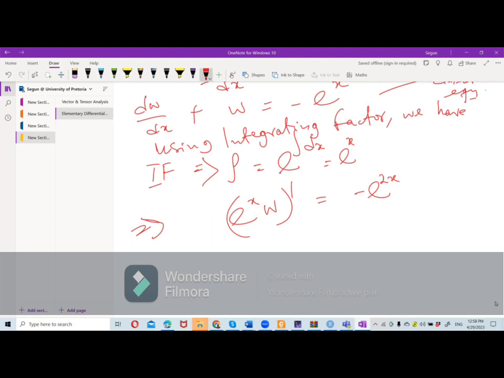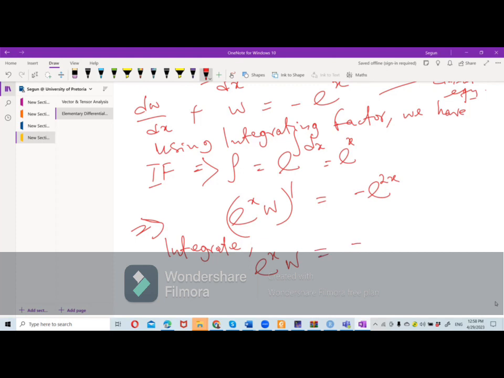Okay. So by the time you integrate this side, what do you have here? The prime will cancel dw, the x will cancel, we have exponential x w equals to that.